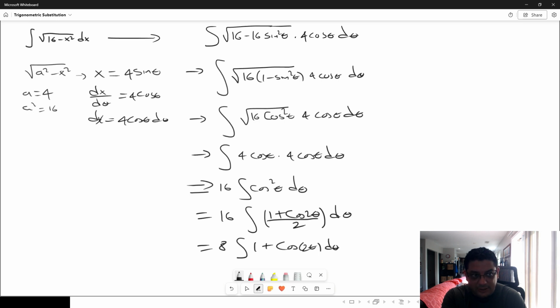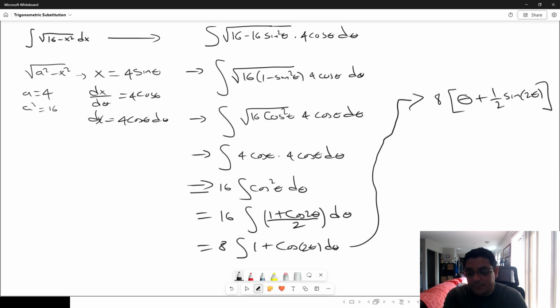We can integrate that easily. That's just 8 times theta plus, since the integral of cosine is sine, 1/2 sine of 2 theta. And we're pretty much done. At this point, what we need to do is put this back in terms of the original variable x. Notice that we have sine of 2 theta, which is equal to 2 sine of theta cosine of theta.